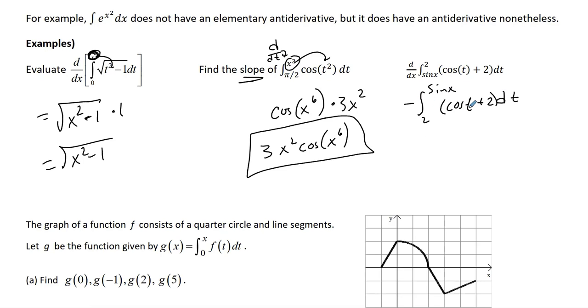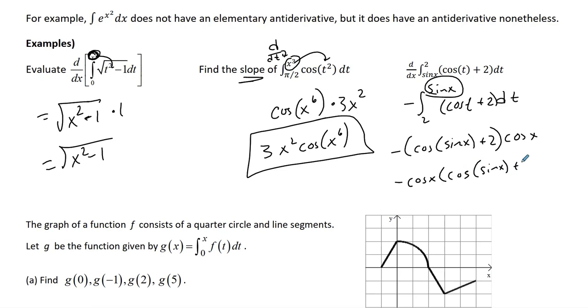The sine is going to go into the t, so it's going to be negative cosine of sine x plus 2 times the derivative of sine, which is cosine x. So this is really negative cosine x times cosine of sine x plus 2, and close brackets there.